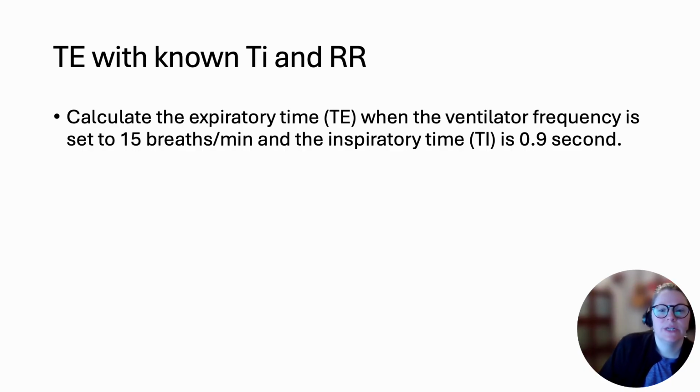Calculate the expiratory time when the ventilator frequency is set to 15 and the inspiratory time is 0.9. Our equation is going to be expiratory time equals total cycle time minus I time.